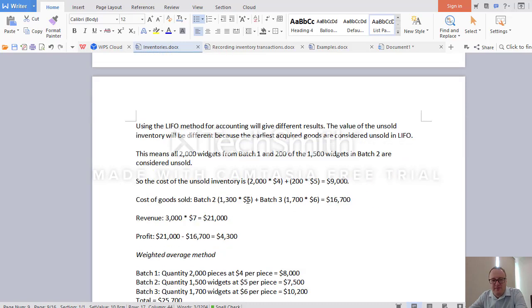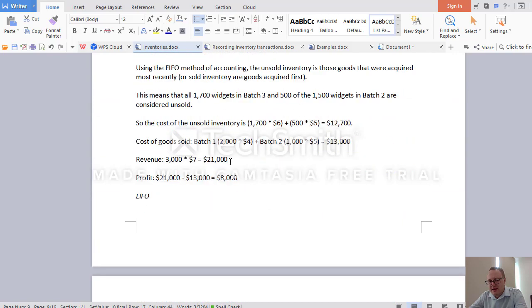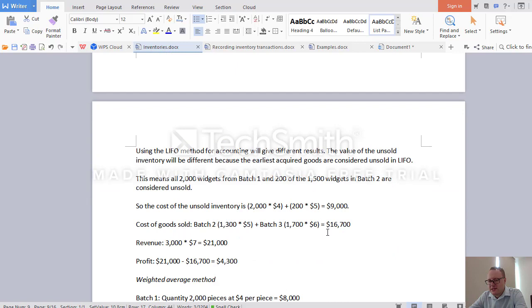Now let's look at LIFO. With LIFO, again, the revenue is same, 3,000 sold items at $7, 21,000. So you will start selling the most recent batches. Batch 3, all of it, 1,700. The whole third batch is $6, and still the shortfall is 1,300 because we sold 3,000 items.